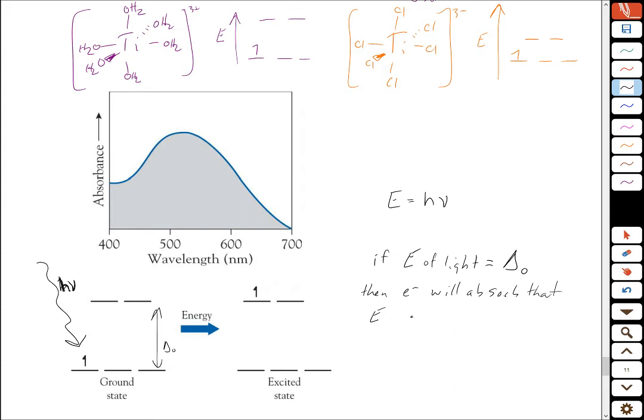The light comes in, the photon hits the electron, and that photon has the same energy as delta O, so the electron can absorb that energy and go to the excited state here. We put an electron up in energy, and to do that, we have absorbed some light.